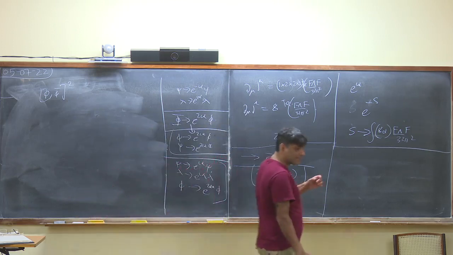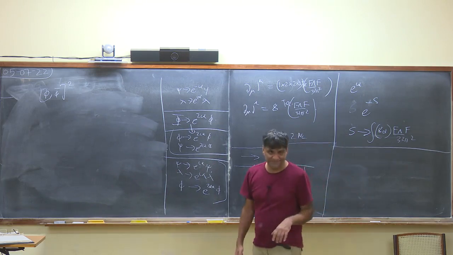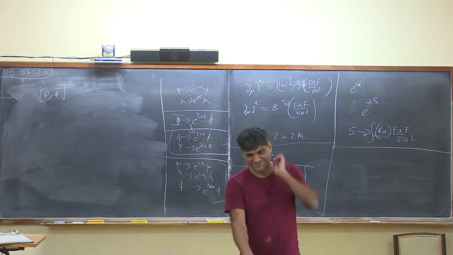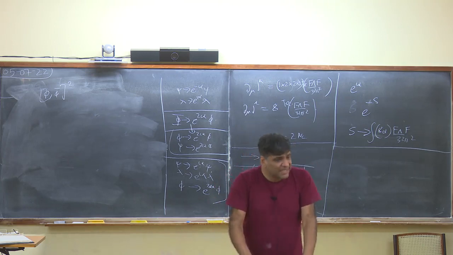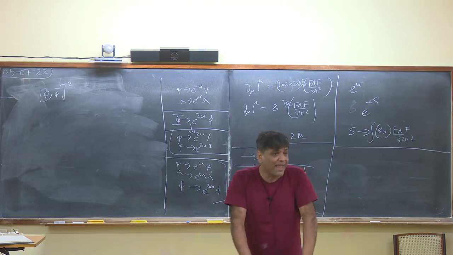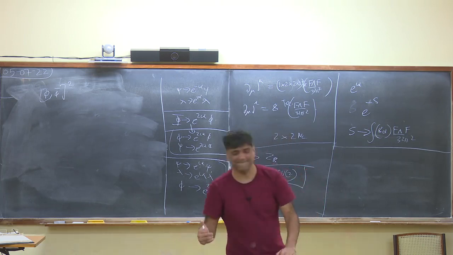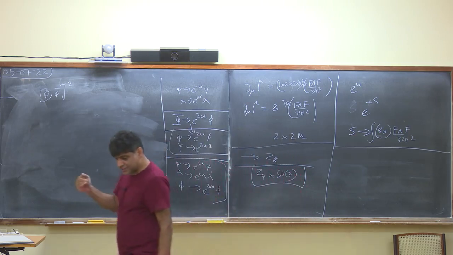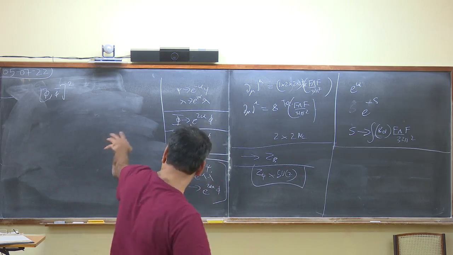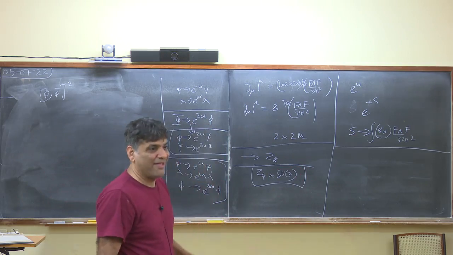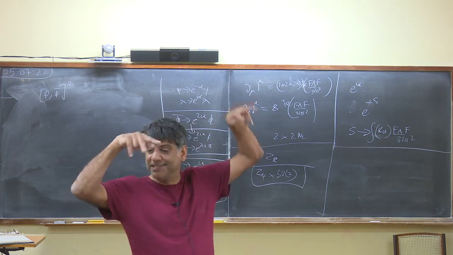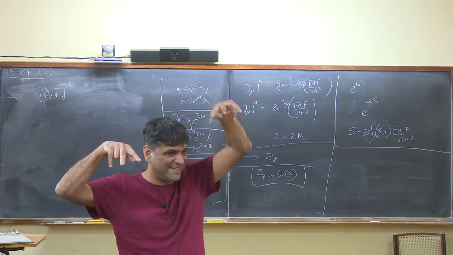Okay, that was a consequence of N equals 2 supersymmetry. So the fact that the superpotential was 0 classically meant it continued to be 0 quantum mechanically. This is a very simple consequence of just N equals 2 supersymmetry. Now the fact that the superpotential is 0 means that the actual potential here, which depends on, if you remember, the derivative of the superpotential, with the indices contracted by the scalar potential.